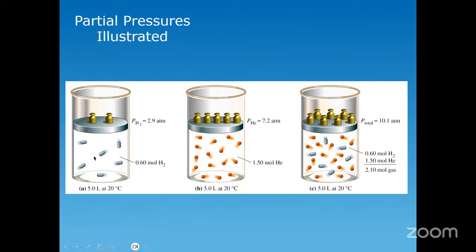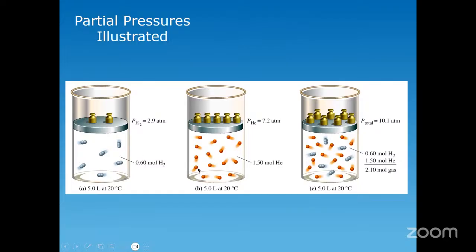In this container, the moles would be 0.60 and the pressure exerted would be 2.9 atmospheres. In this container, the amount of helium would be 1.50 moles and the pressure would be 7.2 atmospheres.